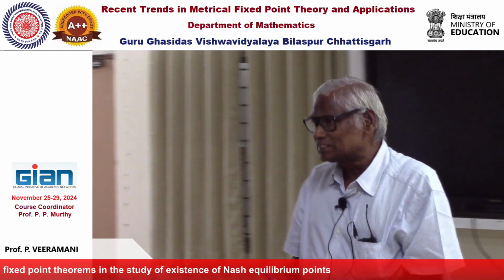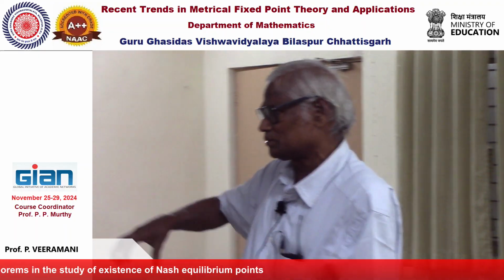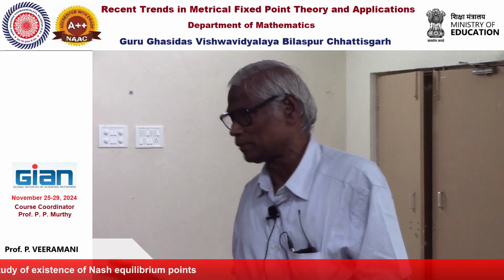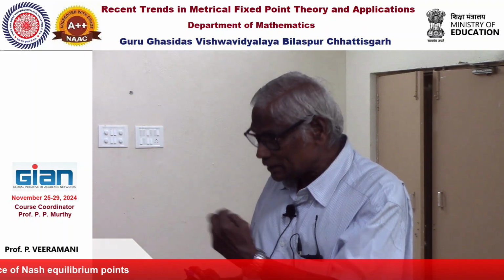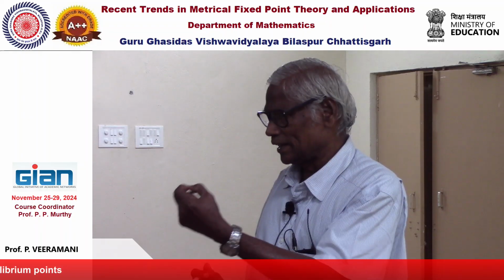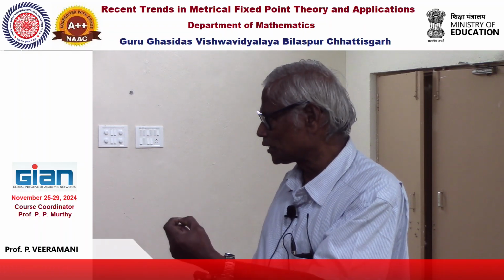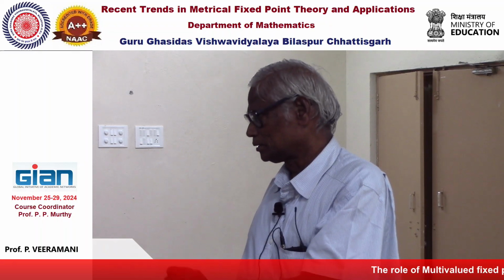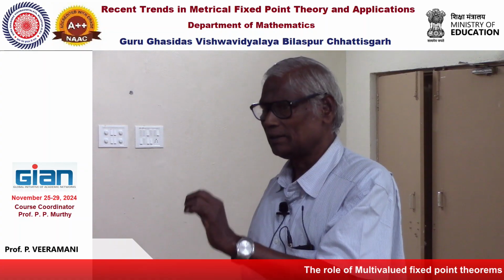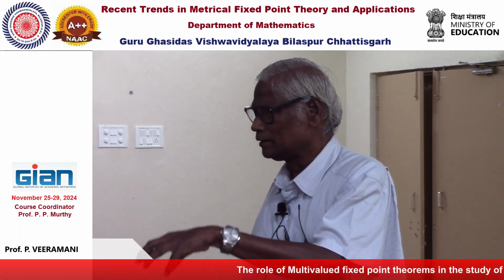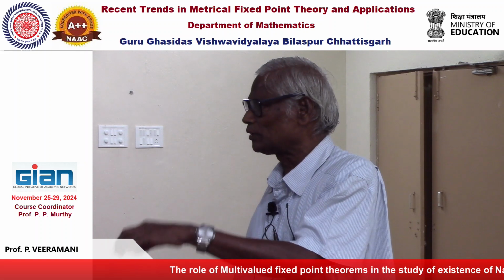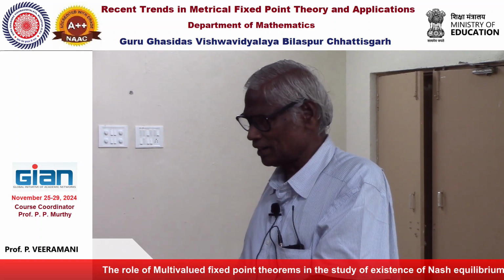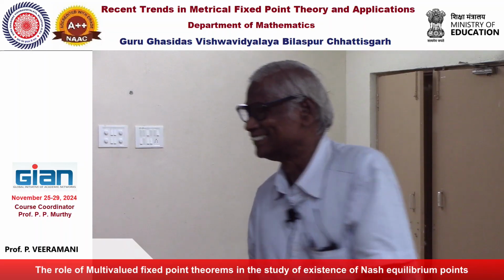We have made the hypothesis, and then we are asking whether it has a fixed point. That means whether there exists x in the domain K such that f(x) = x. Question is clear?